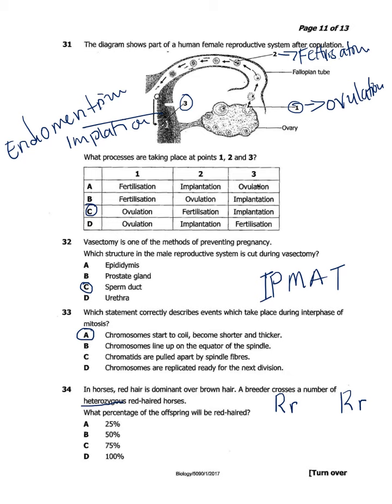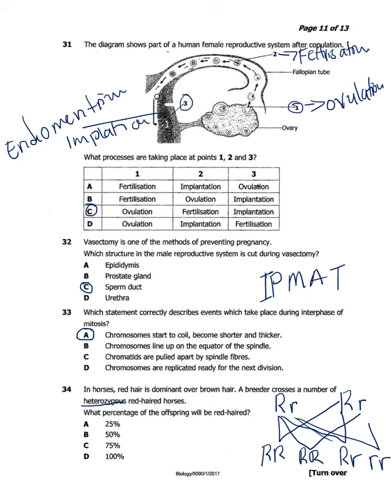So let's cross here. So here we can see that we have red pure. Here we have heterozygous. Then here we have small letter rr. Now, what is the question?